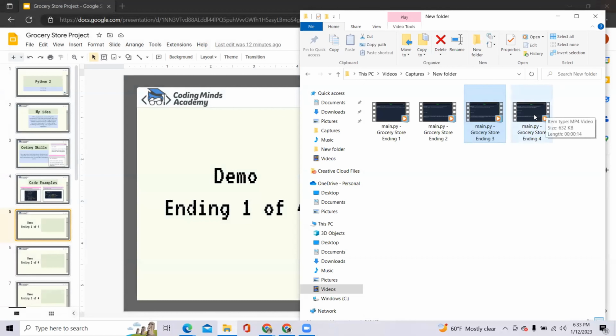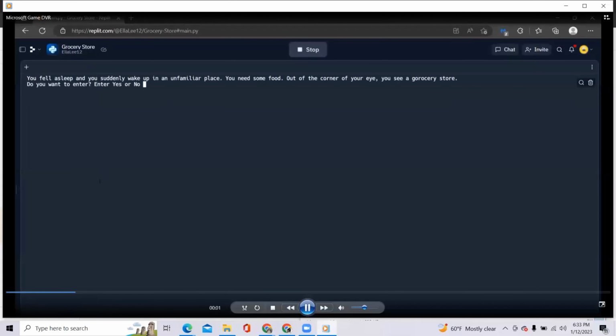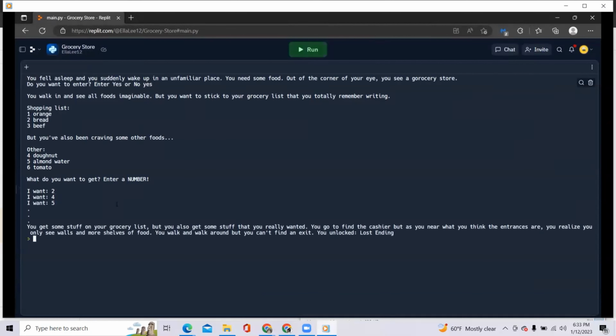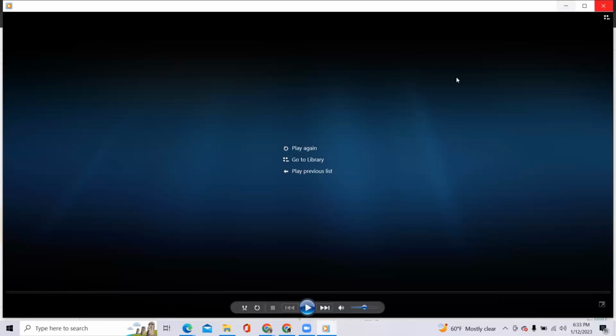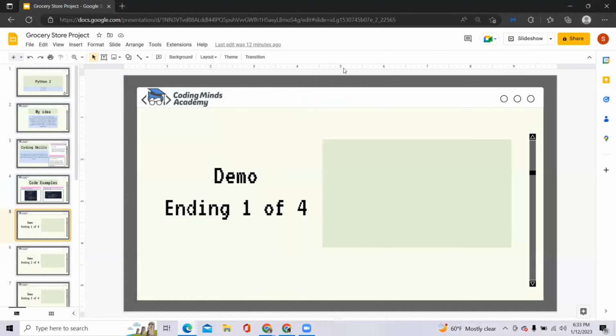And this is the last ending. So in that ending, the user gets a mix of items from both lists and or dictionaries, and they get lost in the level.